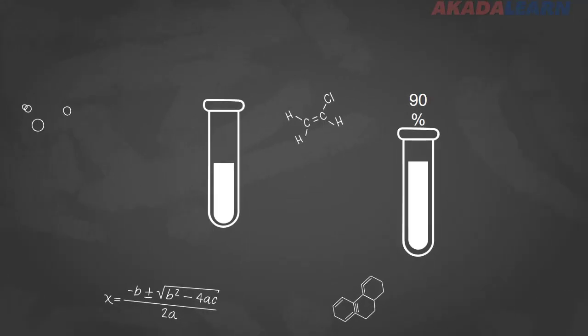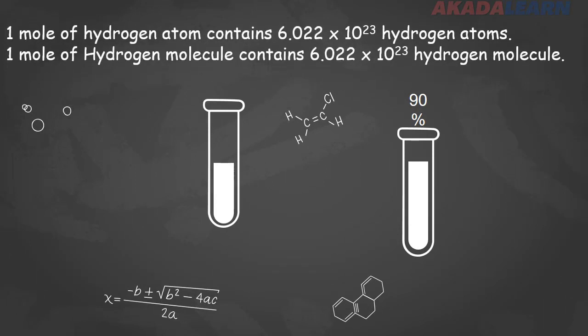In other words, 1 mole of hydrogen atoms will contain 6.022 times 10 to the power 23 hydrogen atoms.